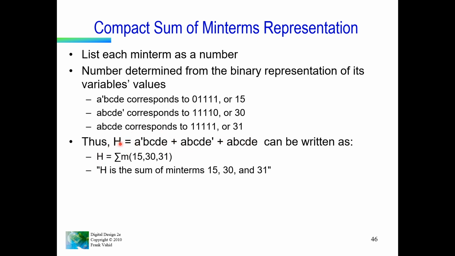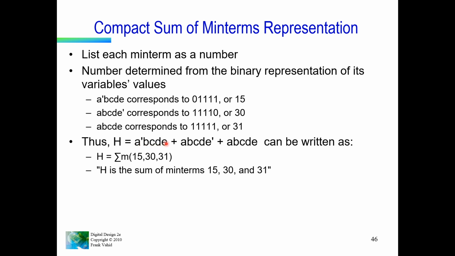For instance, instead of writing h as this Boolean expression as sum of minterms, which is a canonical representation actually, we can say that it is sum of these minterms. 15 corresponds to this product, because this product becomes 1 when a is 0 and b, c, d, e are 1.